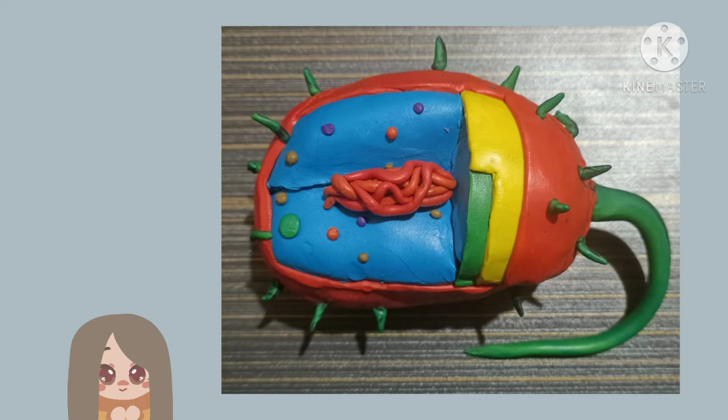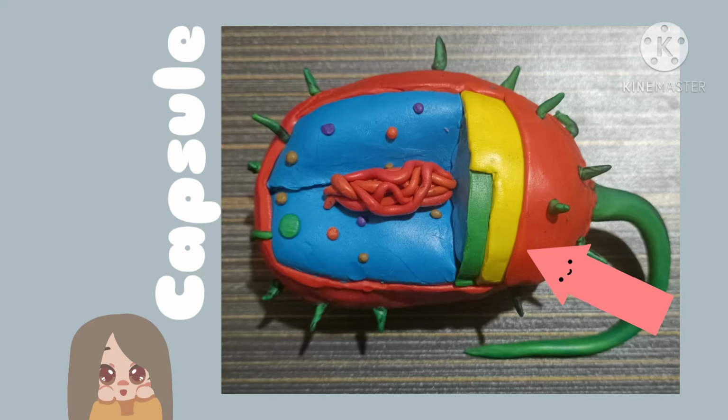Now I will be discussing the parts of my 3D model. The red outer layer of my 3D model is the capsule. The capsule of most bacteria consists of a polysaccharide.